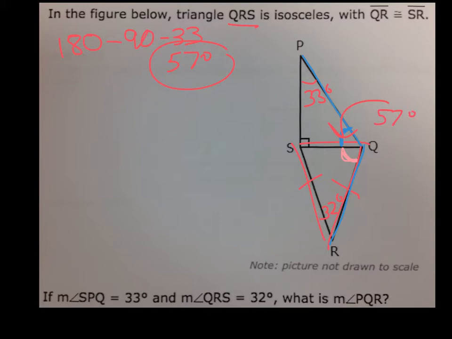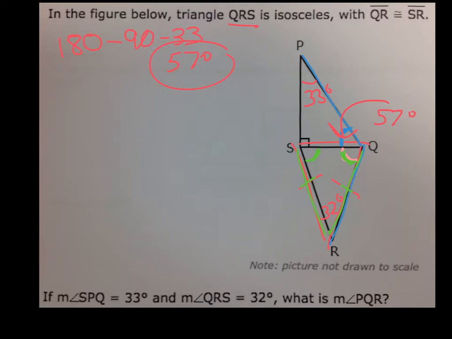Now I need to look at the bottom triangle. It's an isosceles triangle, and I know that third angle. I'm not sure if you know this or not, but if these two sides right here are equal, then their opposite angles are also equal. So in any isosceles triangle, two sides are equal and two angles are equal.